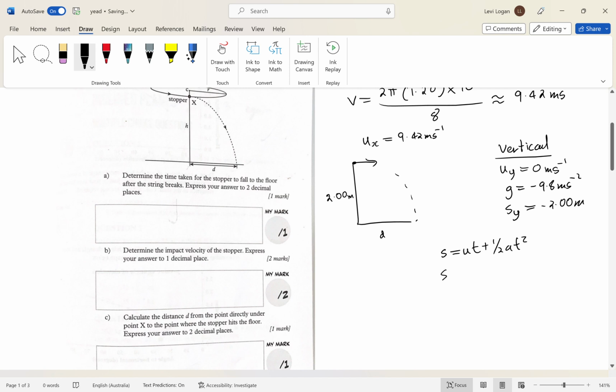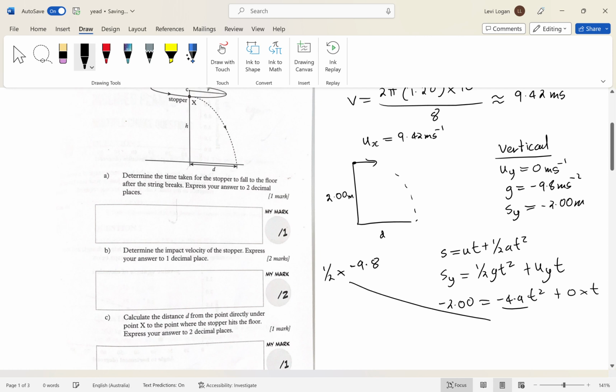You can also write it like s of y equals a half g t squared plus u y t. That's another way you can write it. Plugging those in, negative 2 equals negative 4.9 t squared plus 0 times t. Where I got the negative 4.9, that's a half times negative 9.8. That's where I got the negative 4.9 from.